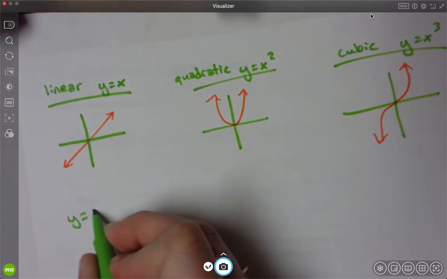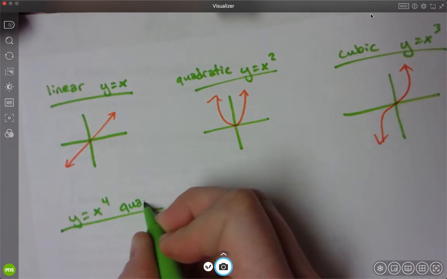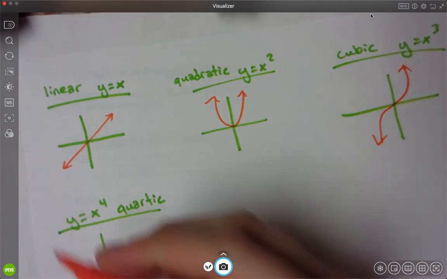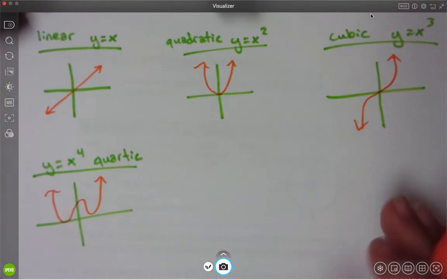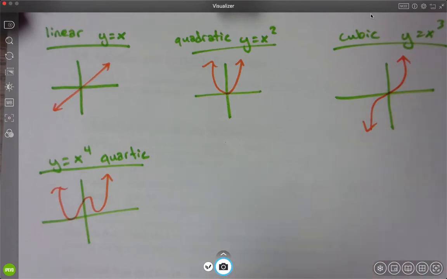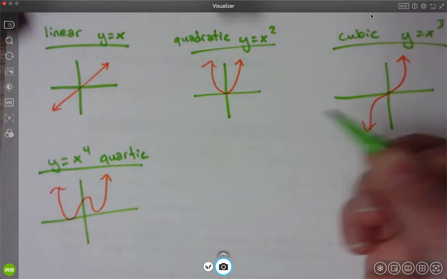Y equals x to the fourth power is a quartic function, and it will be something like a W. So maybe something like this. I don't remember which one was a squiggly and which one was a hump, or whatever you guys called it.